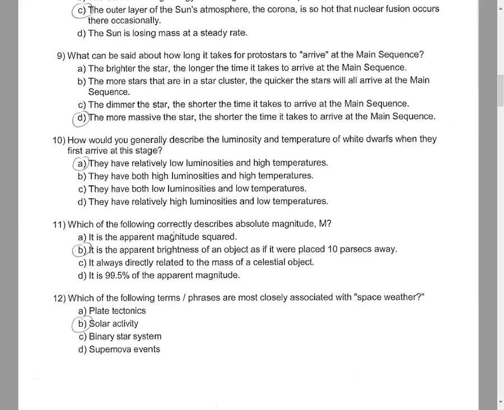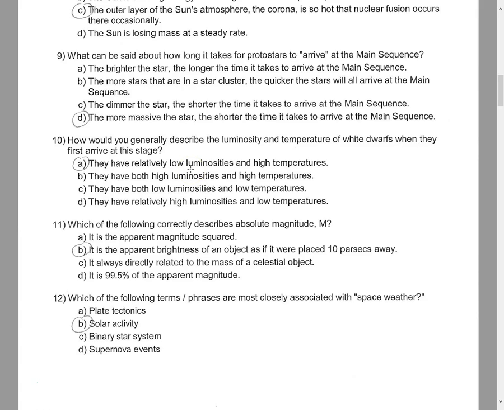Remember, on an HR diagram, they are kind of the lower left. Since they're lower, their apparent brightness is low. Their luminosity is low. So that's A, and since they're to the left, that means their temperatures are high. So A is the best answer for 10.